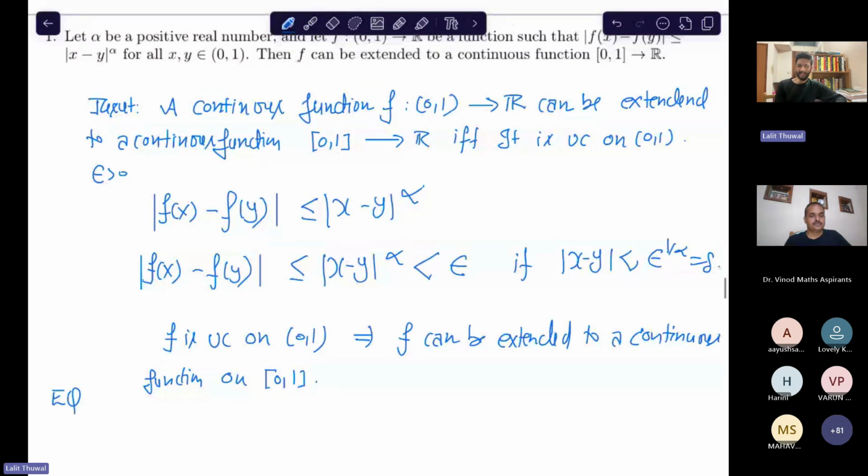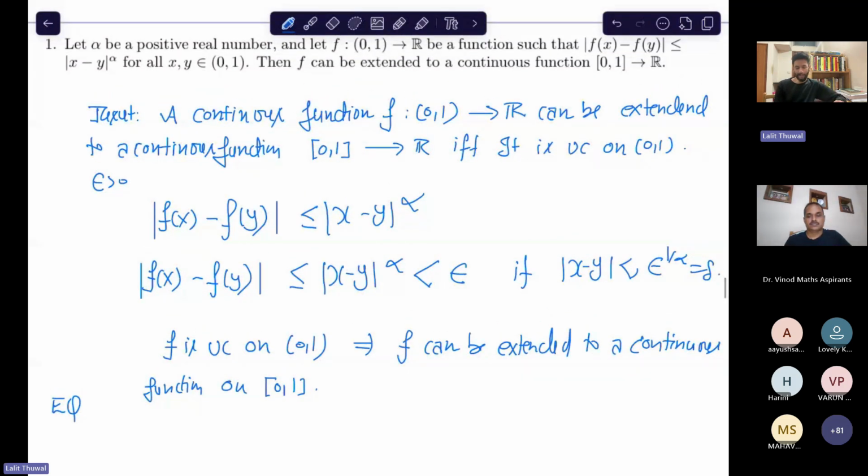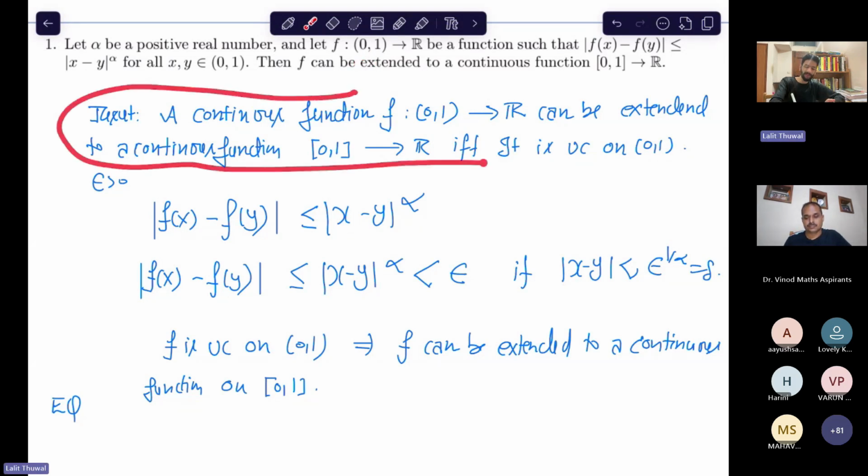But still, without using this, you can show that the limits at endpoints exist. It's your homework: can you show that the limits exist at 0 and 1? Once they exist, then f can be extended. I just want you to know this. It might be useful, it will definitely be useful.